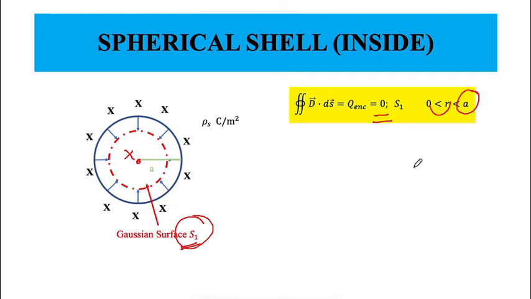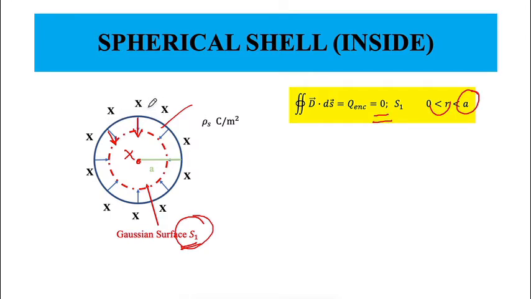So let's do this. On the surface, assume that there is a D field, and if there is a D field, then it would be perpendicular to the surface. If this is a sphere, all the lines along the radial direction will be perpendicular to the surface of the sphere.